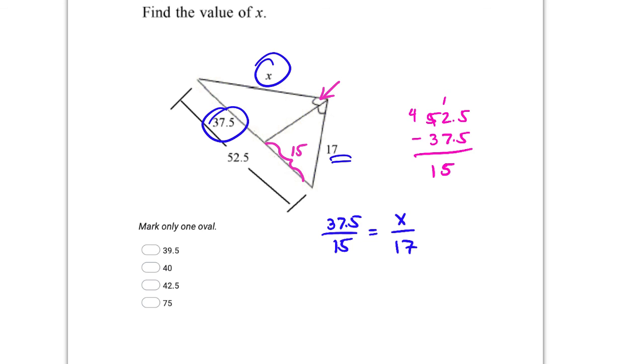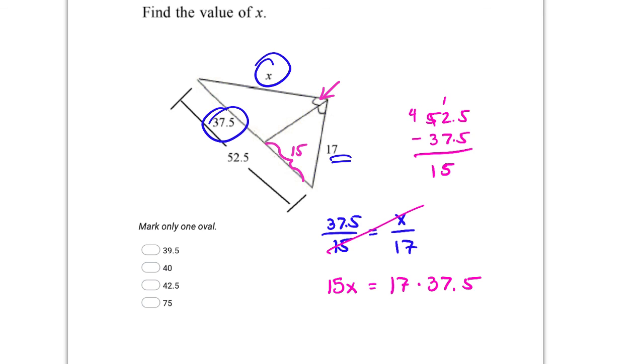Then we can cross multiply these, so I get 15x equals 17 times 37.5. Now I'm going to grab my calculator for this one because it just seems like quite a bit of math there.